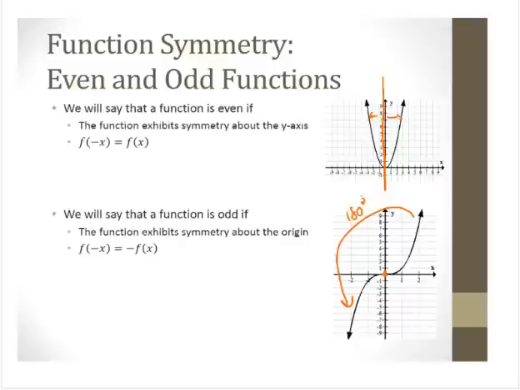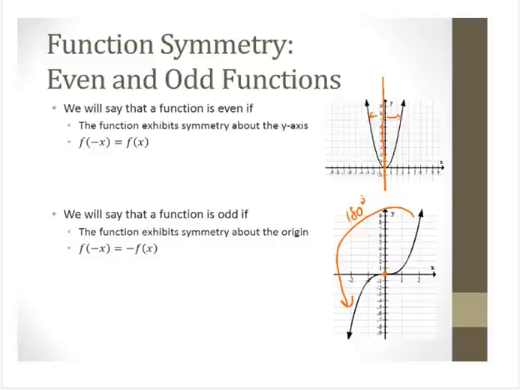That is origin symmetry. And an odd function exhibits origin symmetry. And when that happens, f of negative x is equal to negative f of x. So there's the test for odd symmetry.